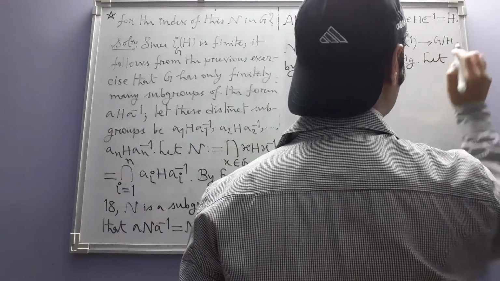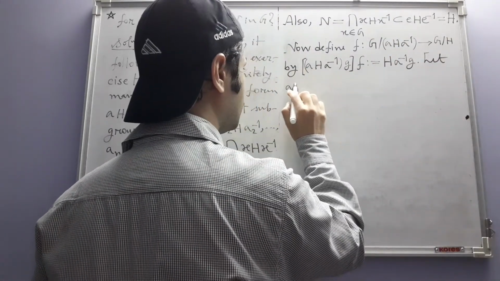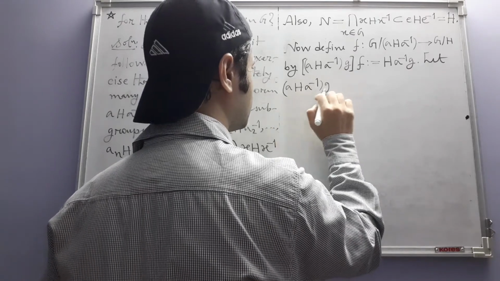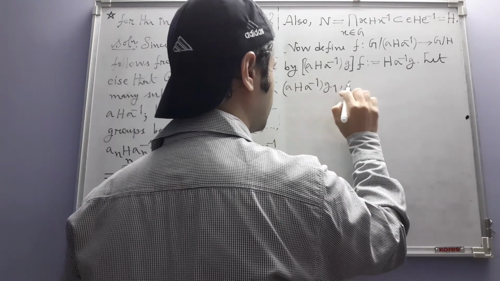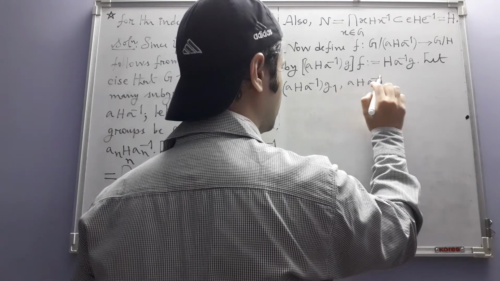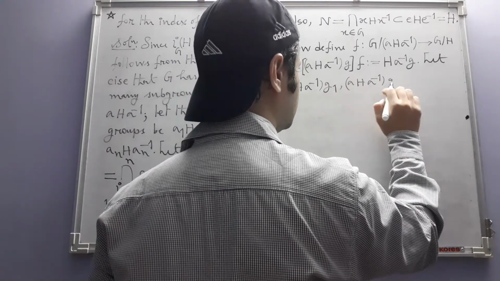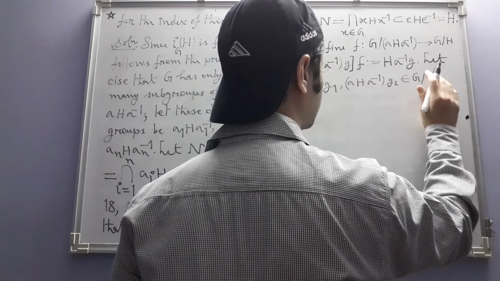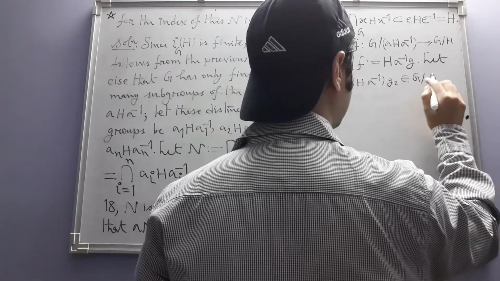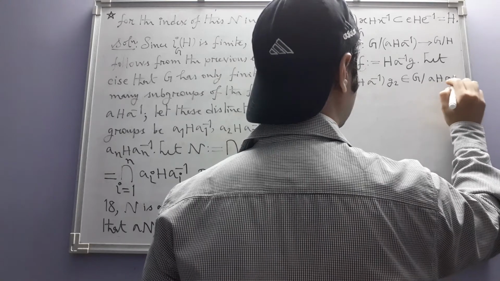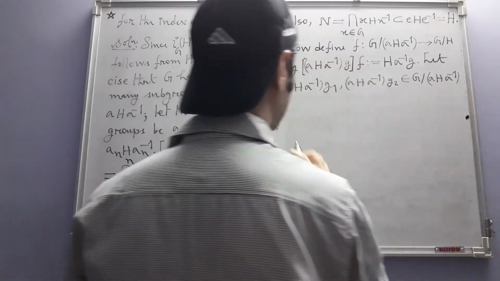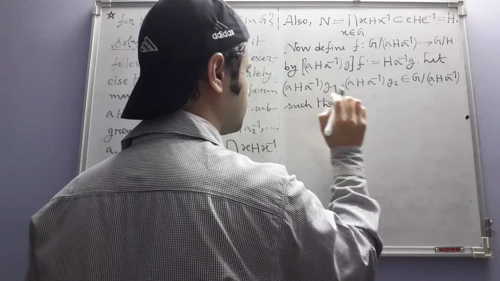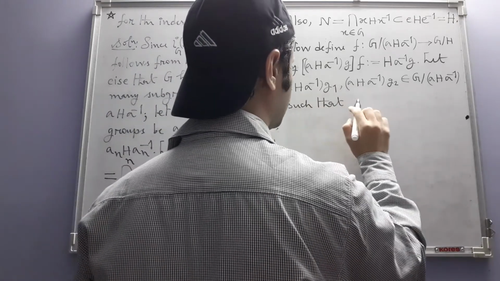So let AHA inverse G1 and AHA inverse G2 belong to this set, such that they are equal.